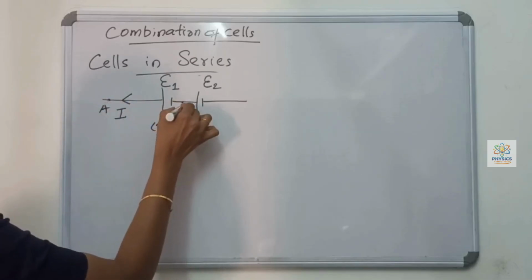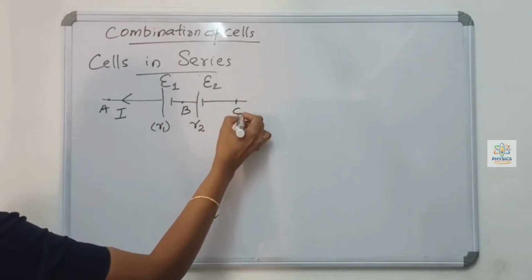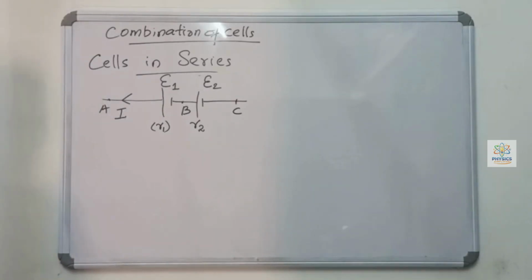Here we have to calculate the potential difference between the terminals of the first cell.